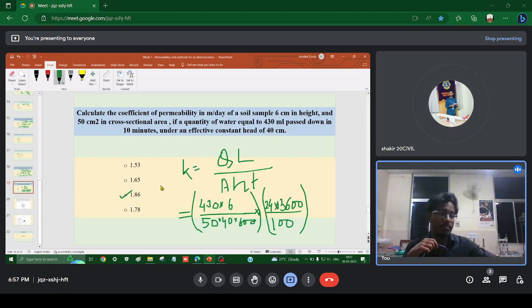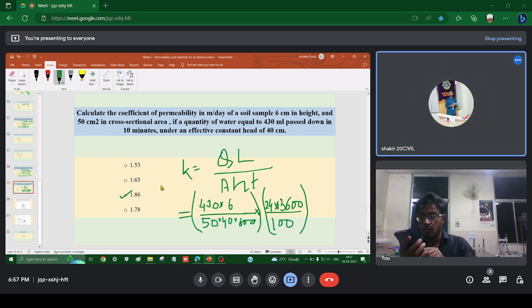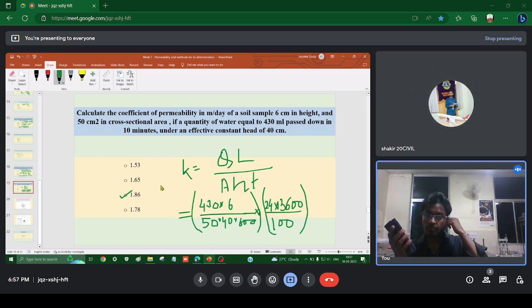What is your value in meter per minute? 1.29. No, it will not be in meter per minute, because if it is in minutes, to convert it into day you will have to multiply by 24 into 60. No, there is some difference in the decimals. I think you must check your sum.